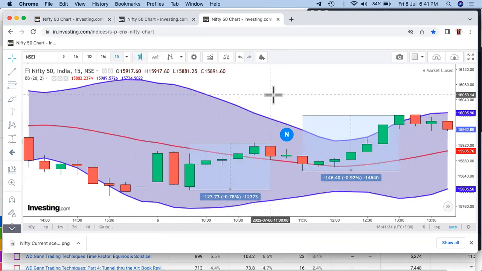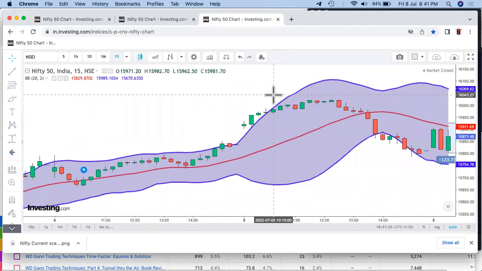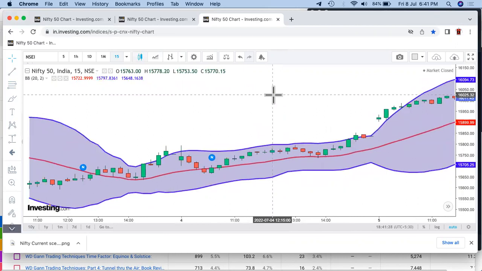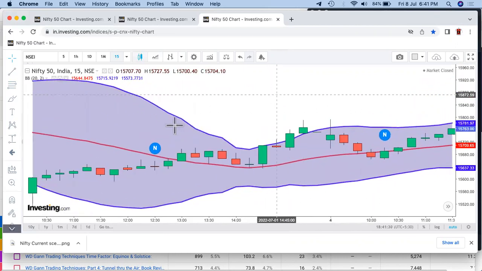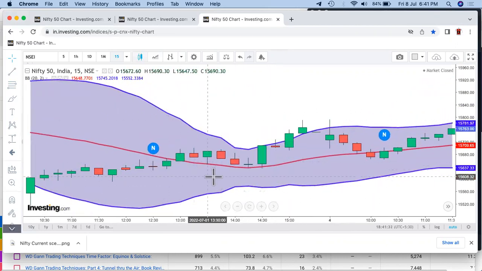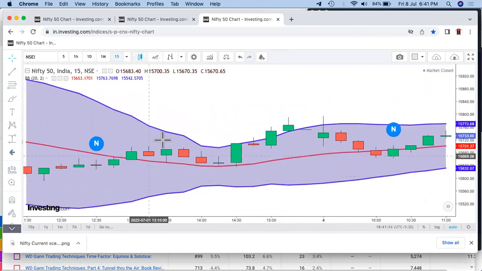Let's try to find out a few more examples, right? So over here, it started moving up, it came back, it took support. So probably this was my support point.